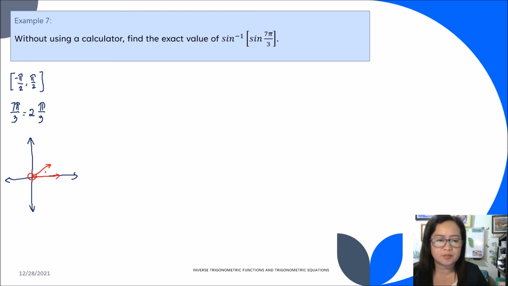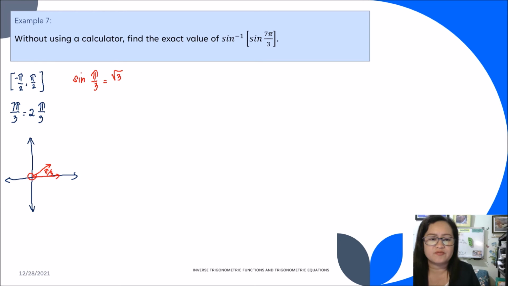So, this is pi over 3. Now, sine pi over 3, using our handshake, pi over 3, square root of the number of fingers below, over 2. So, sine pi over 3 is equal to the square root of the number of fingers over 2.